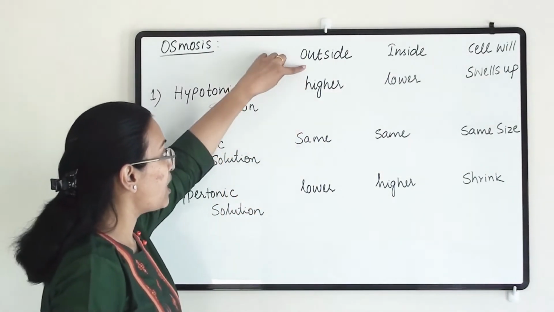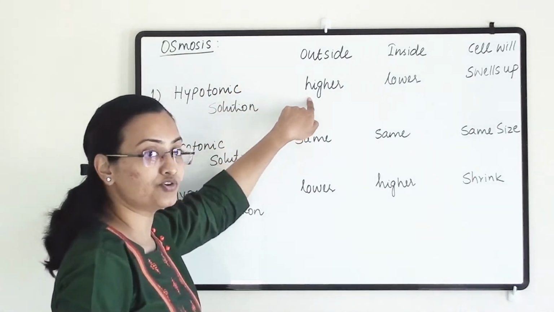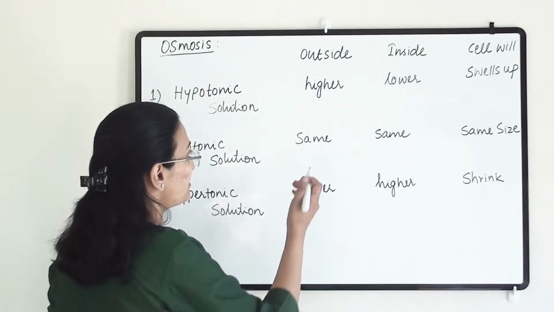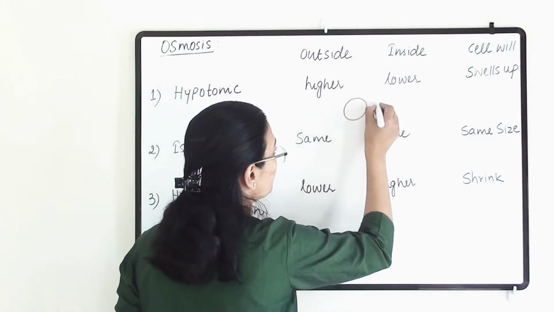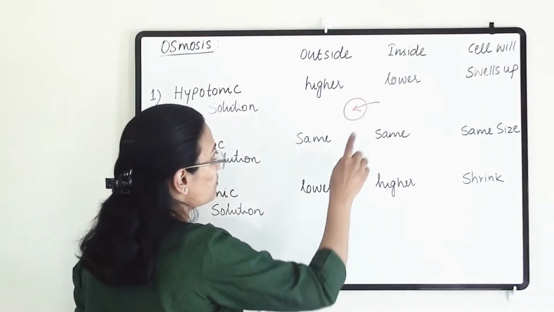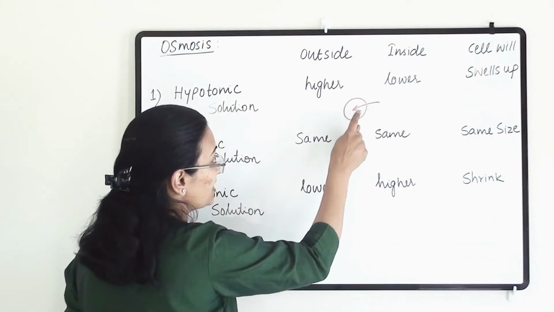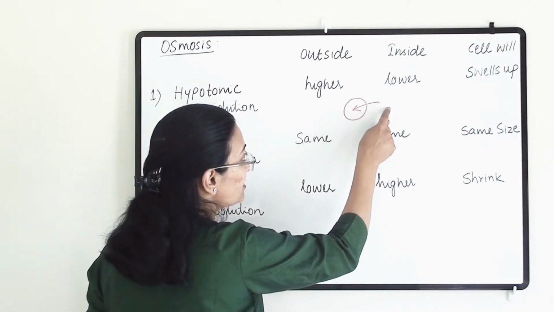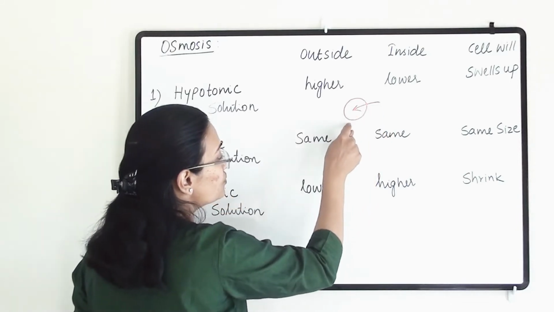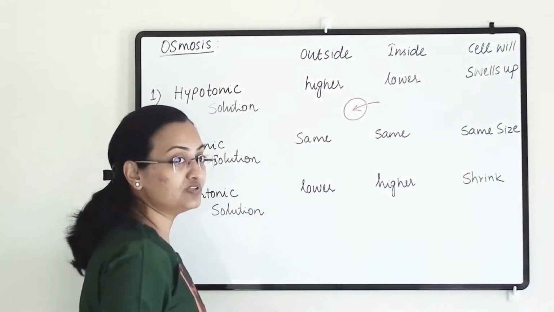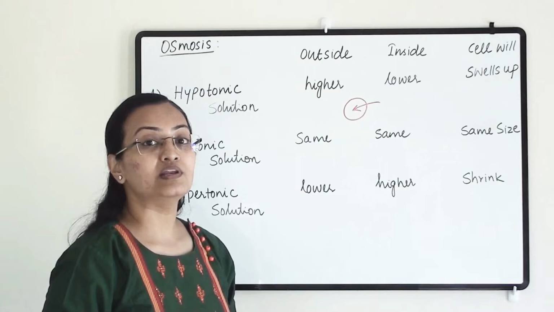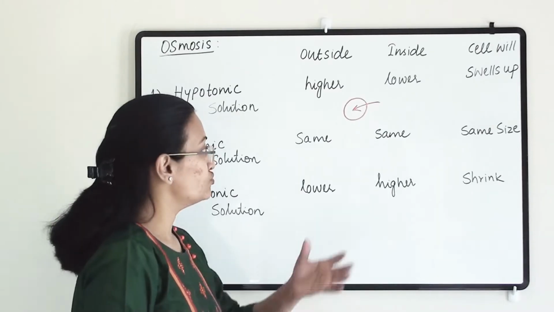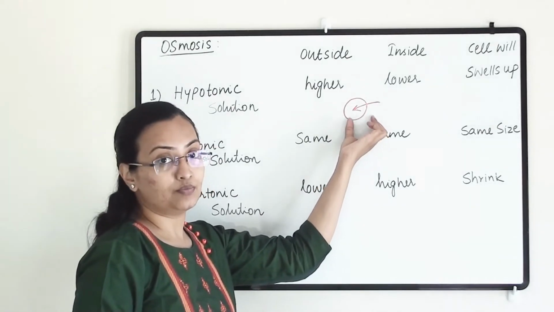So first is the hypotonic solution. In that, the water concentration outside the cell is high, whereas inside the water concentration is less. So water will move from outside to inside, and more and more water will rush in to achieve equilibrium.